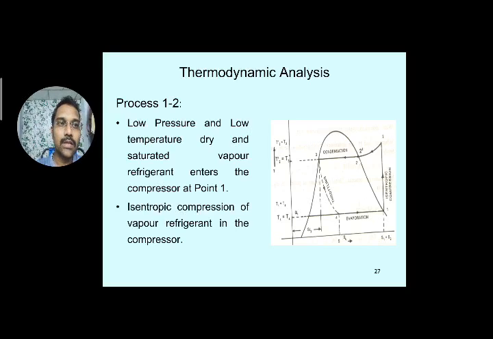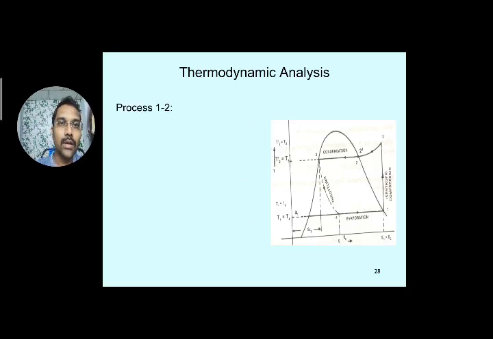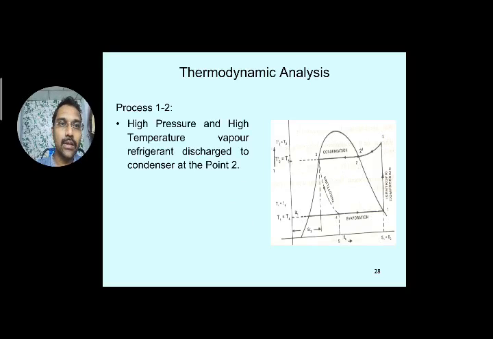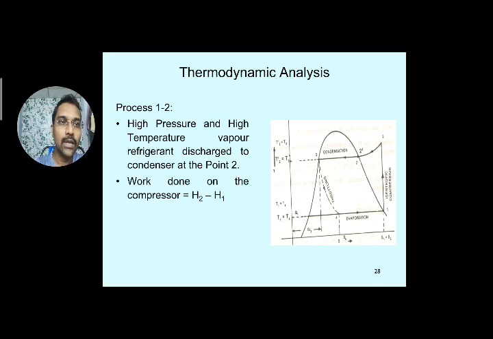Compression takes place in the compressor, and after compression the pressure rises. Very high pressure and high temperature vapor refrigerant is discharged at the exit, at point 2. The temperature rises due to the high pressure created in the compressor.